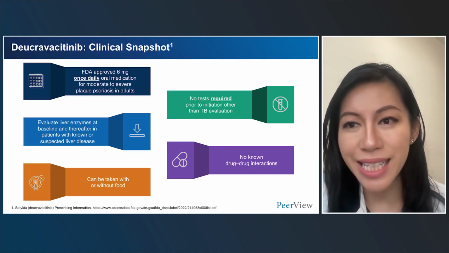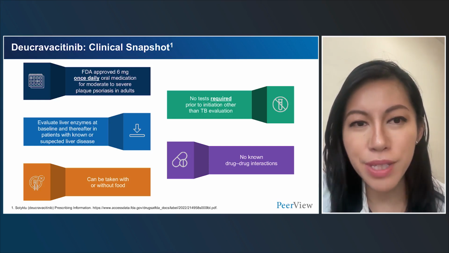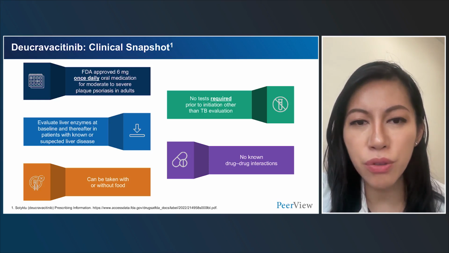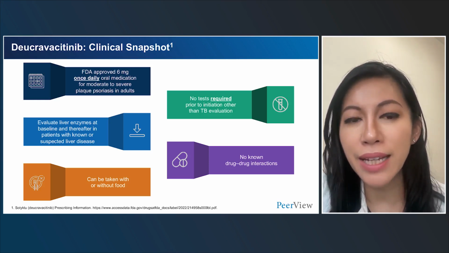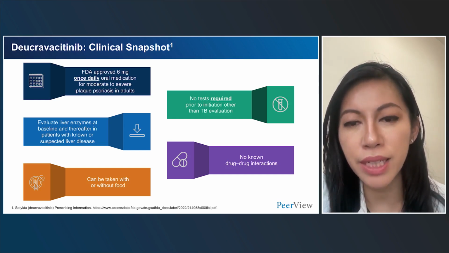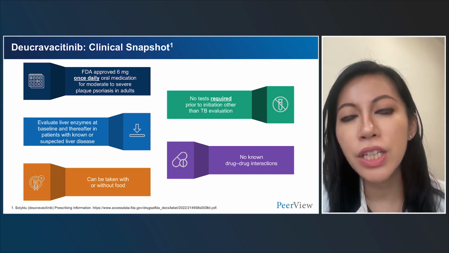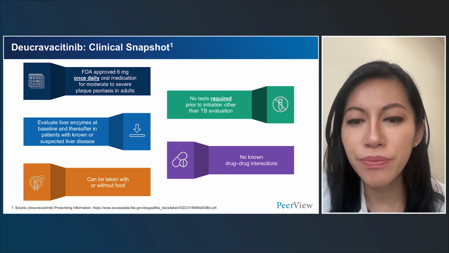Importantly, we saw the PsA data for patients started on deucravacitinib in the clinical trial setting, also having efficacy. Okay, so just to kind of summarize the clinical snapshot of deucravacitinib, it's once a day, 6 milligrams for patients. Again, no test required prior to initiation other than TB evaluation. If you have someone with known or suspected liver disease, you can evaluate liver enzymes at baseline and thereafter.